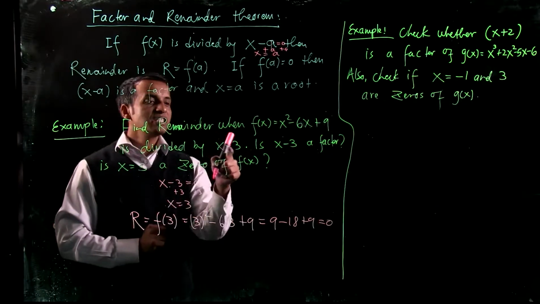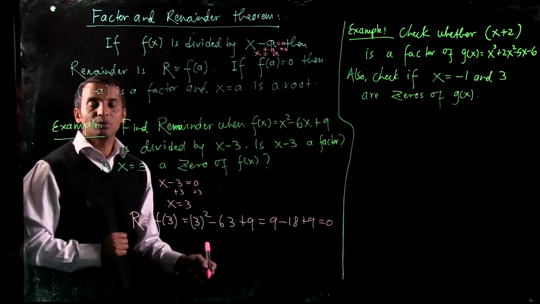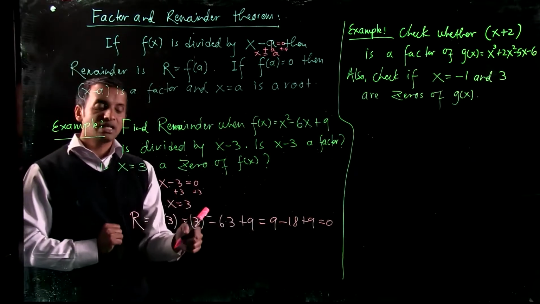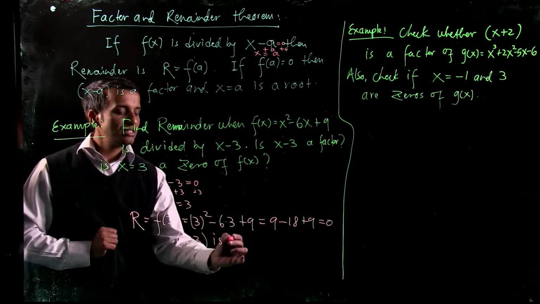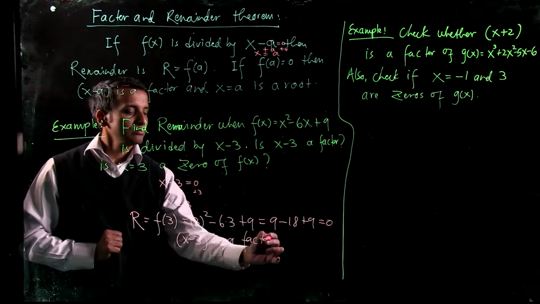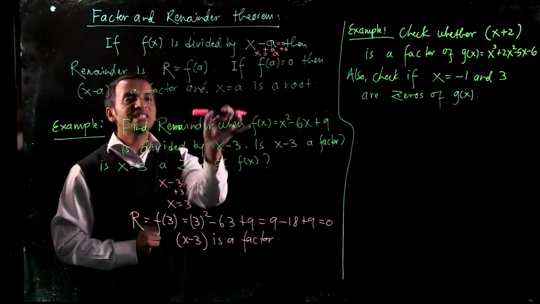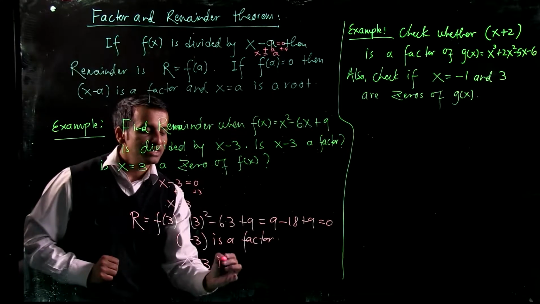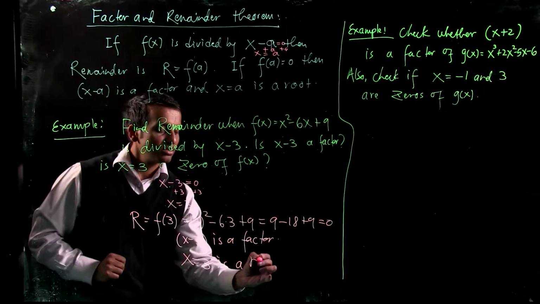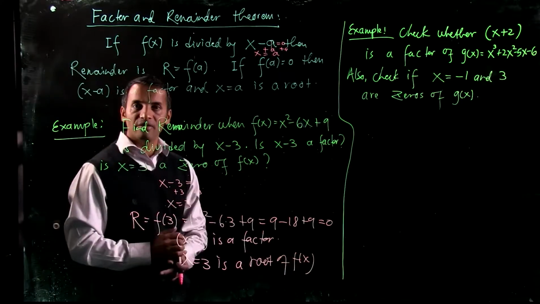Therefore, x minus 3 is a factor because you got the remainder 0. Also, when the remainder is 0, you can say that x equals a, here x equals 3, is a root of f of x, or a zero of f of x.